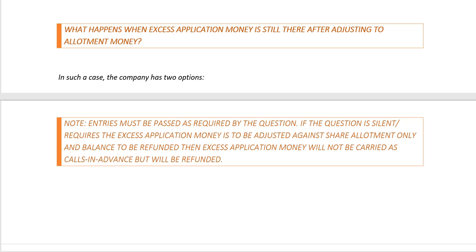Entries must be passed as is required by the question. So we need to decide on option 1 or option 2 depending on what the question asks us to do.